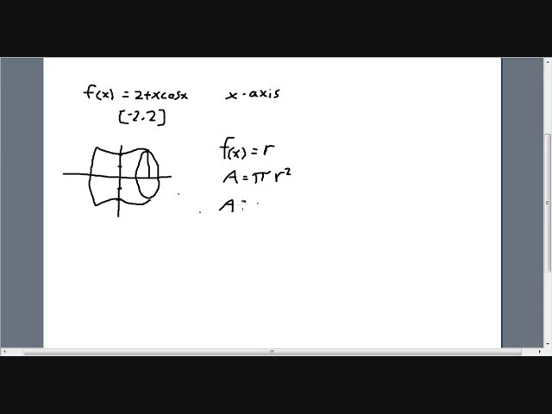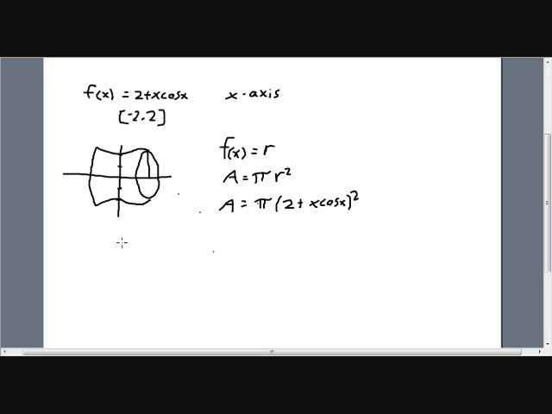Because the cross-section is a circle, we can conclude that the formula for A of x is the formula for the area of a generic circle, pi times r squared. Using the known radius, which is the original equation f of x, and the area of a circle formula, we can conclude that the area of the revolved solid is pi times (2 plus x cosine x) squared.